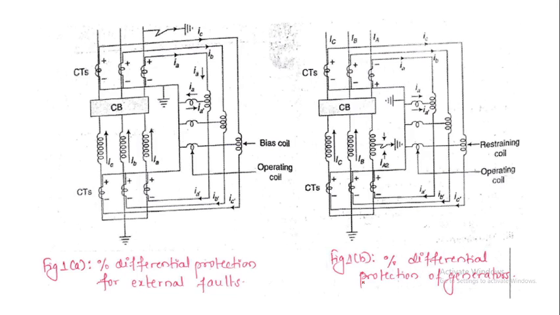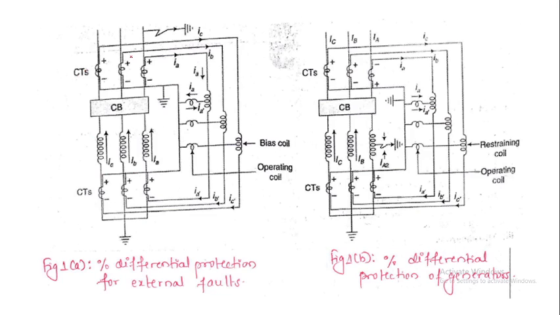So this is the protective scheme used for the protection of the stator, that is the percentage differential protective scheme. These are the three phases, three windings of the generator that we have considered. IA, IB, IC is the current flowing, and two CTs are connected to the two terminals of the windings of the machine. This is the upper CT and this is the lower CT.